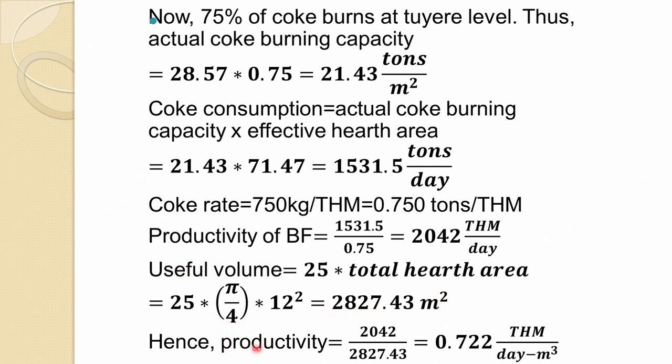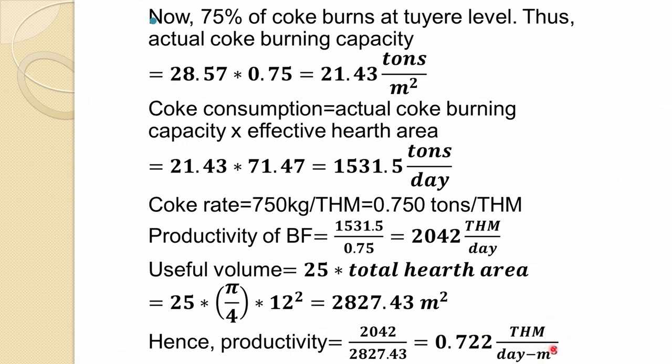So, productivity would be this 2042 divided by the useful volume, and that is going to give you 0.722 ton of hot metal per day per meter cube.